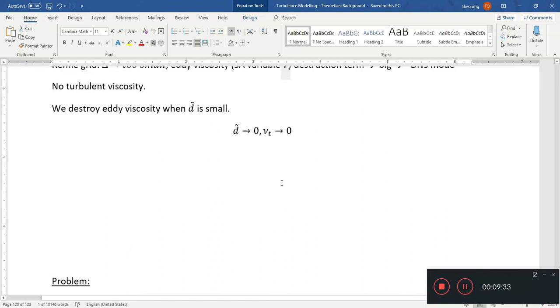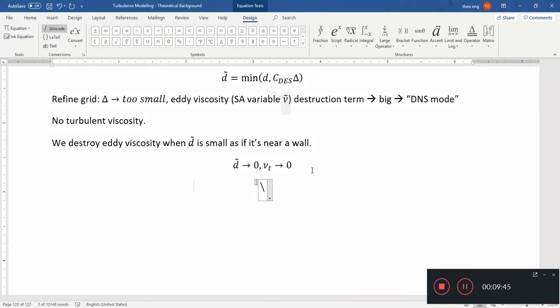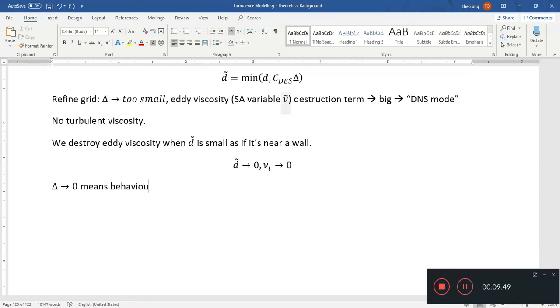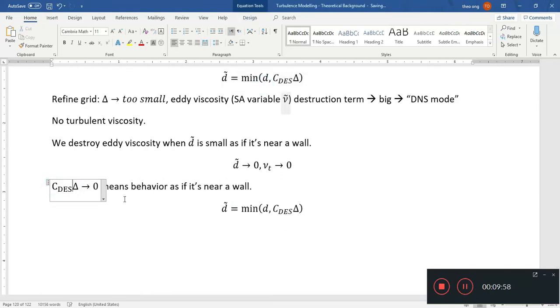So delta approaching 0 means behavior as if it's near a wall. You don't want this to happen. Or rather, you have C_DES delta goes to 0, so delta going to 0 is the same as C_DES delta going to 0.